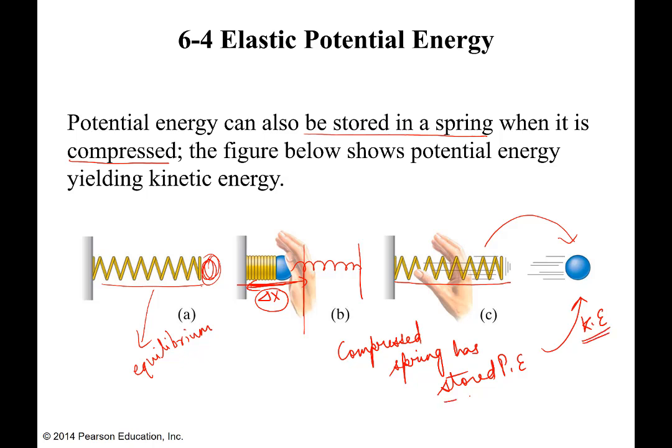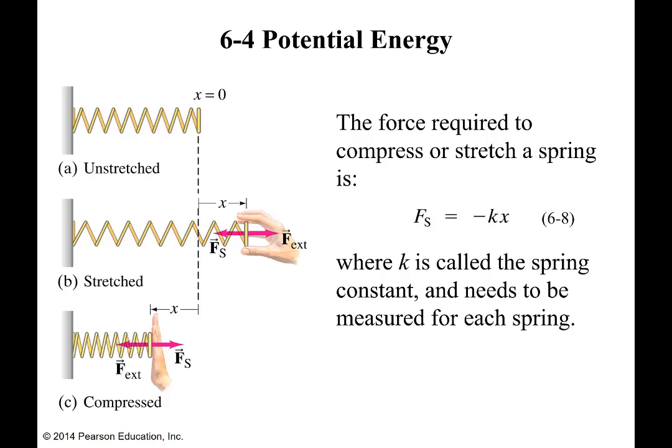So you again see there is a transfer of energy from potential to kinetic, or vice versa can also happen. If a ball is thrown onto the spring, the spring will compress a little. So kinetic energy has been converted into elastic potential energy. So vice versa is possible.